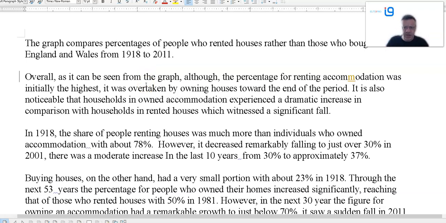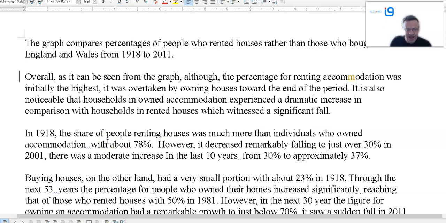Okay. So now, what's this, individuals? People, individuals. That's not the same. The share of people renting houses was much more than individuals who owned accommodation. Individuals, how do you know it's an individual?